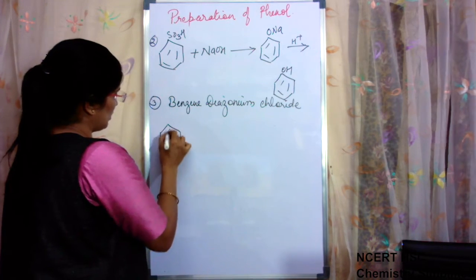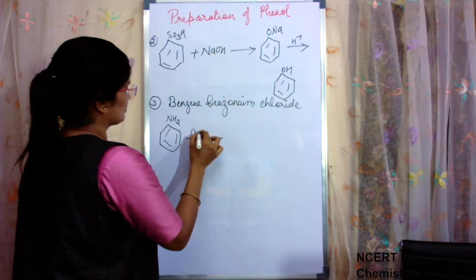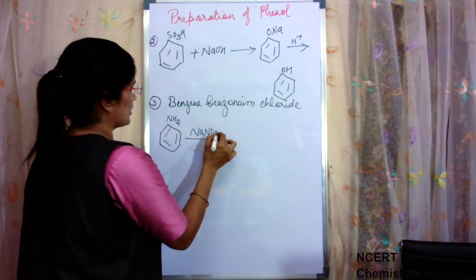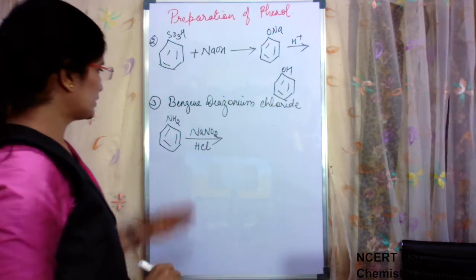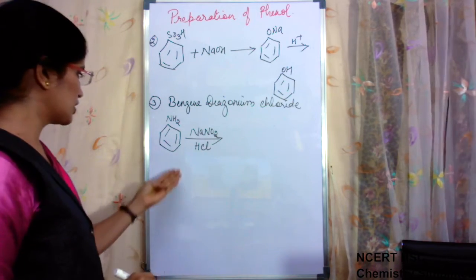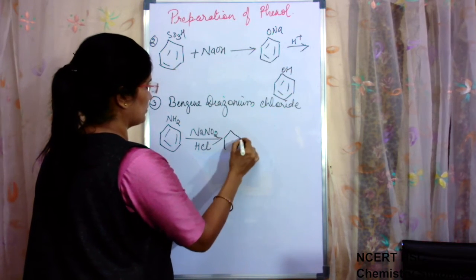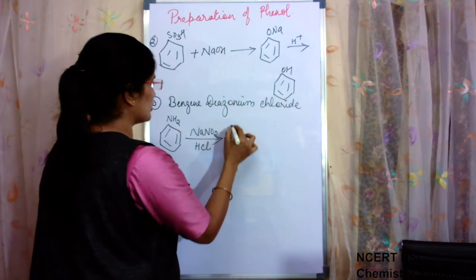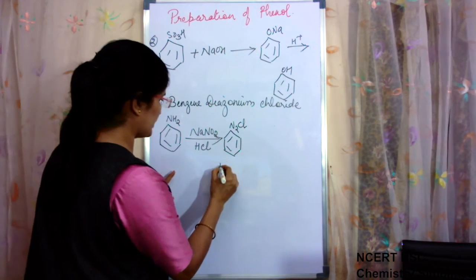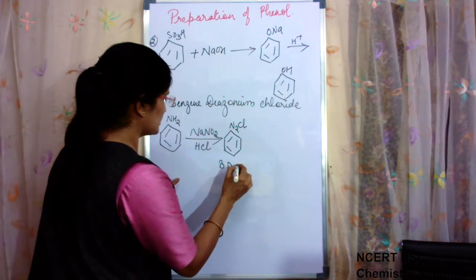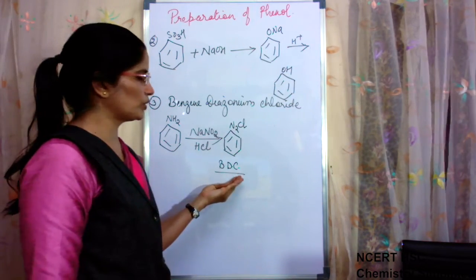When aromatic amines are treated with NaNO2, sodium nitrite, and HCl, these primary aromatic amines are converted into benzene diazonium chloride. We write it in short as BDC. They are converted into benzene diazonium chloride salts.